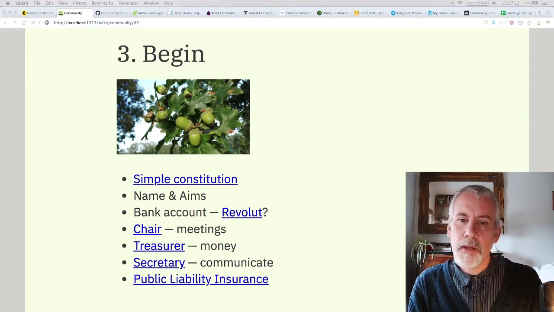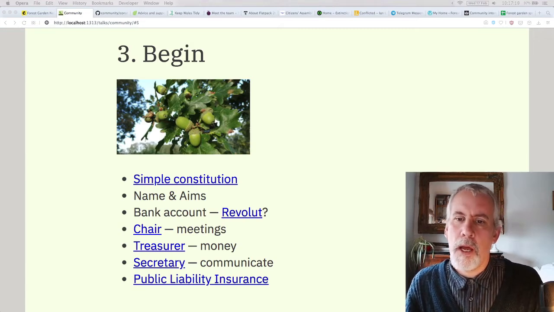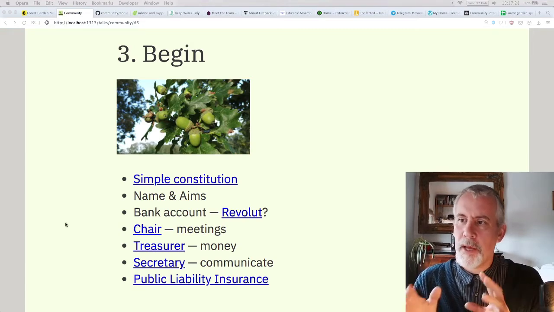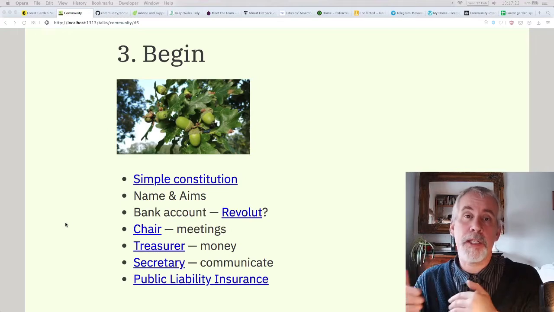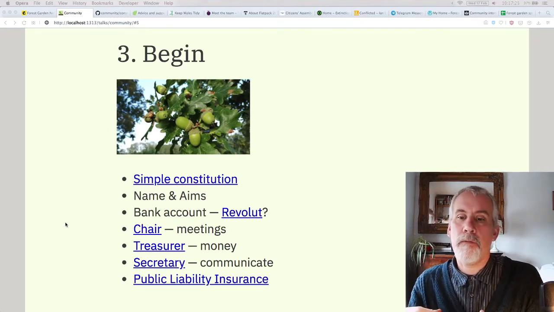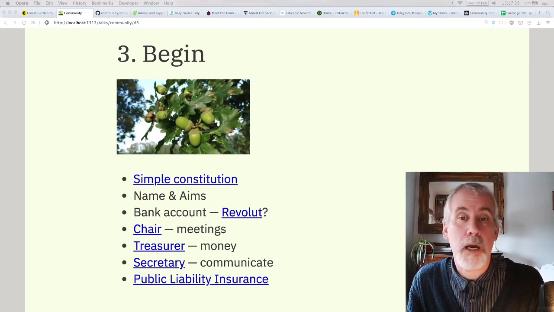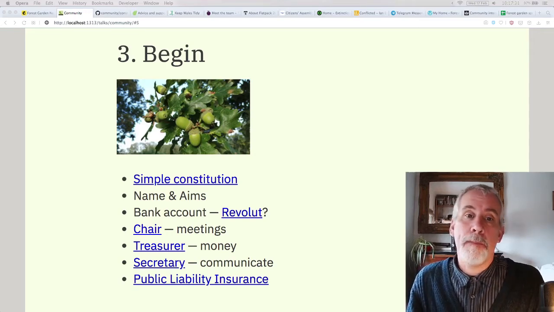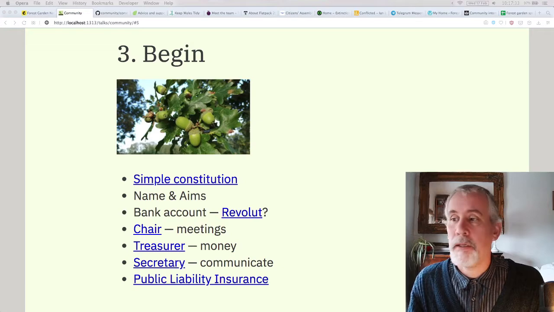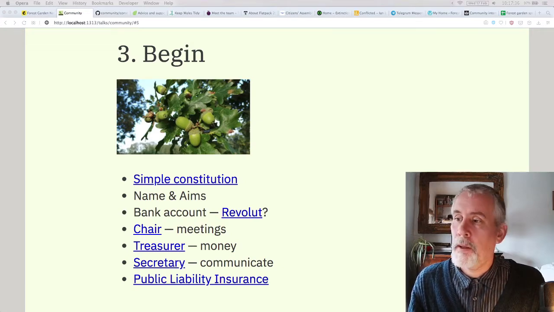Triodos Bank, yeah. That's what I'm looking to do for the CIC that I've set up for myself. And Alex mentions a bank called Starling, so thank you for that, Alex. But do have a look around. Do try and get an ethical bank.